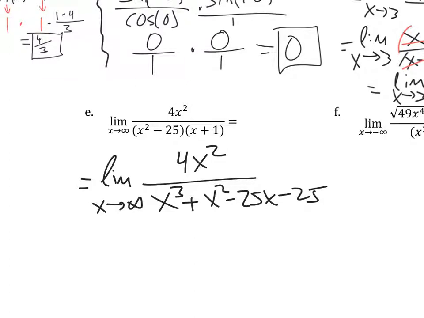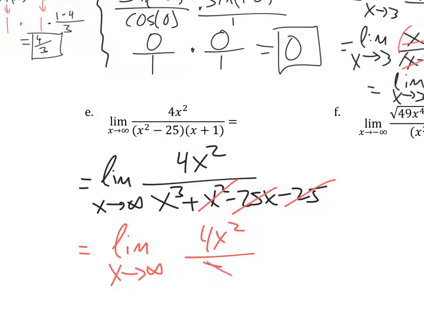All right. Now, multiplying that out, all that really matters now, because when we go to infinity, is these small terms don't matter like we've already talked about, okay? But we get limit as x goes to infinity of 4x squared over x cubed, which simplifies to the limit as x goes to infinity of 4 over x.